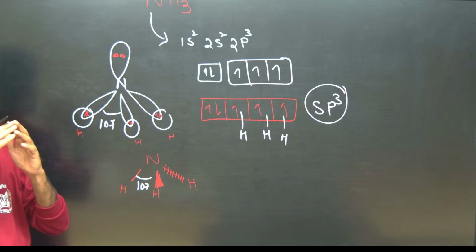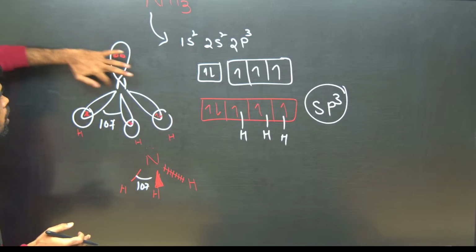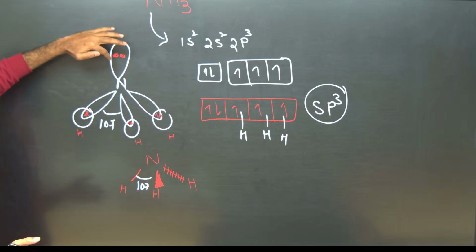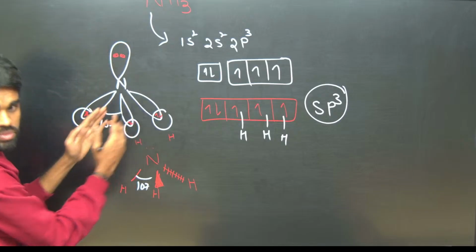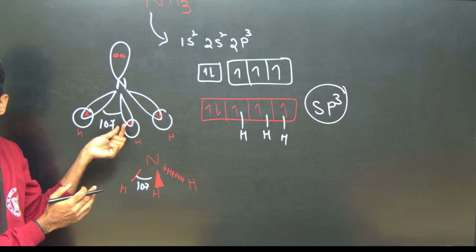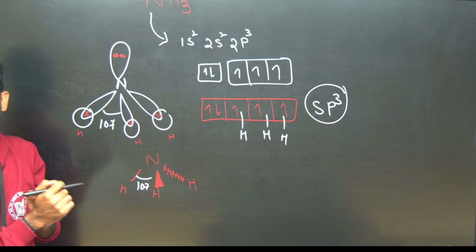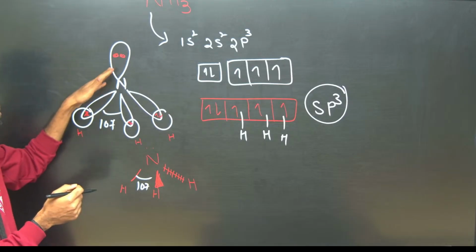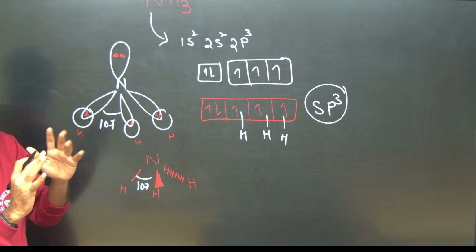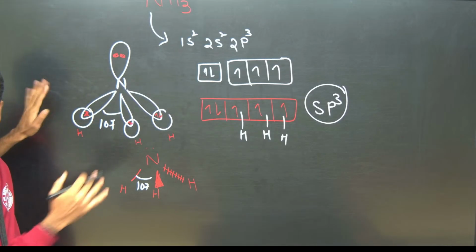In order to minimize the repulsions, the lone pair will take maximum space and the bond pairs come closer, therefore the bond angle is reduced. In VSEPR it is also mentioned, lone pair repulsion. So due to the lone pair bond pair repulsions, the bond angle is getting reduced.